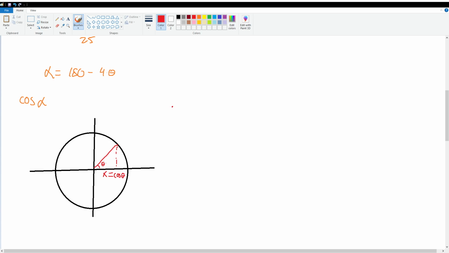Now, if I turned my theta into 180 degrees minus theta, like so, we know that this is actually just negative x, or negative cosine of theta.